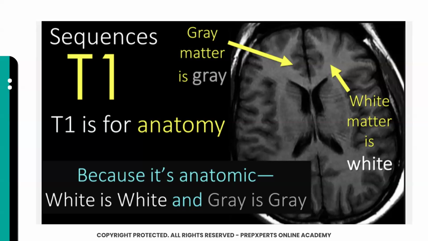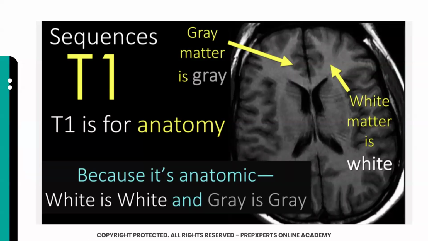What does it mean? It means that the white matter, let's go into some basic concepts. We know that axons are covered by myelin, which is fat. So fat appears whiter on T1. So white matter is white on T1. However, the gray matter is actually the clump of the cells, and cells have water in the cell bodies.